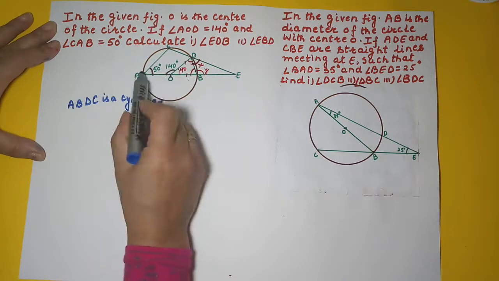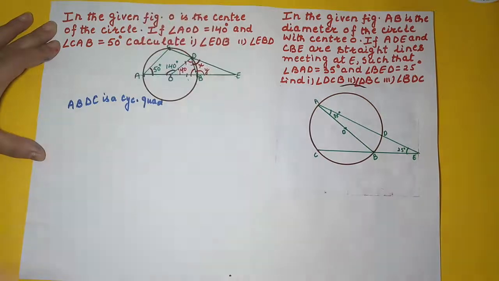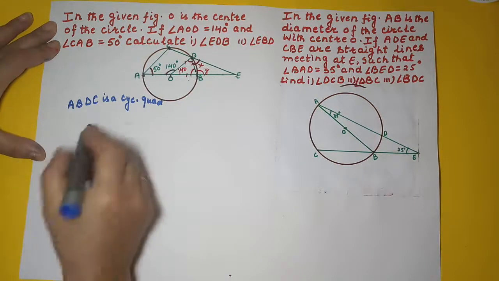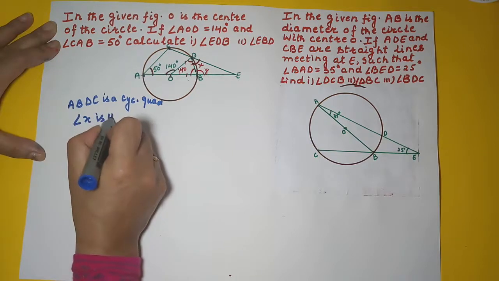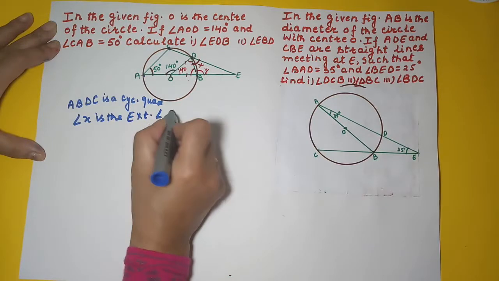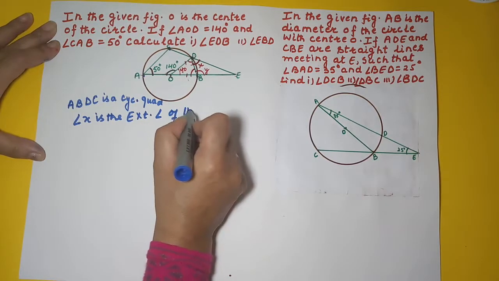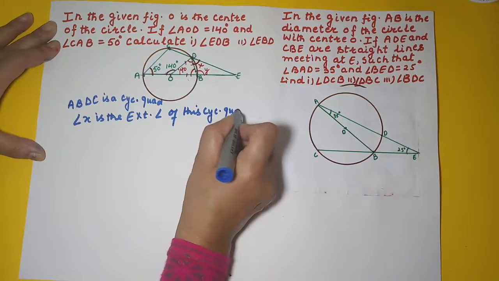Why? Because all the endpoints are lying on the circumference of the circle. So angle X is the exterior angle of this cyclic quadrilateral.